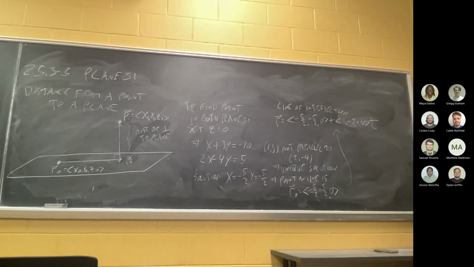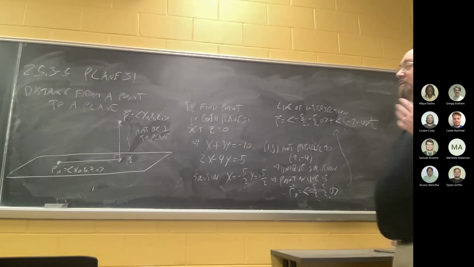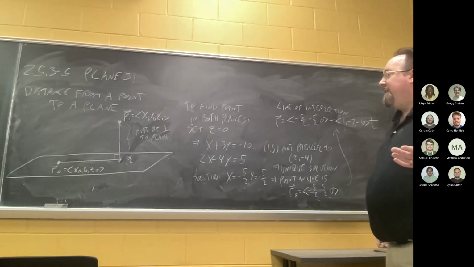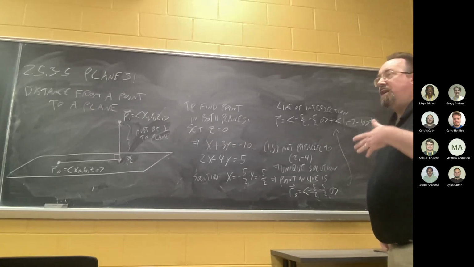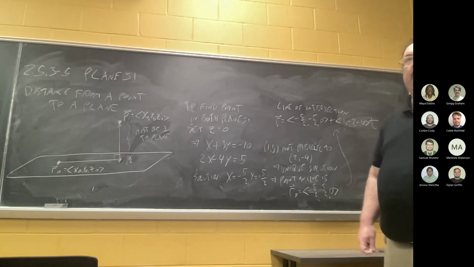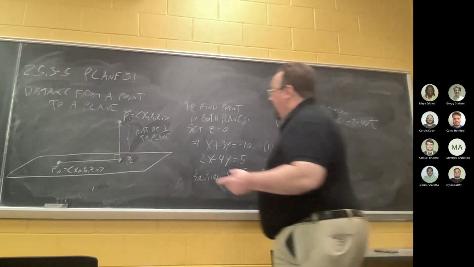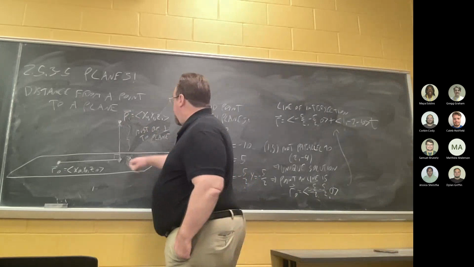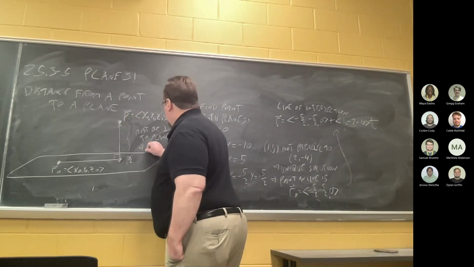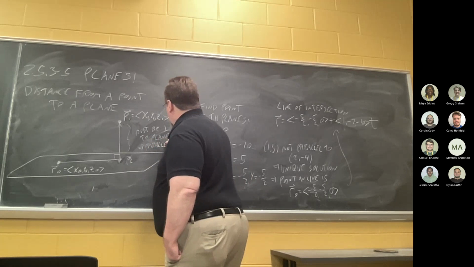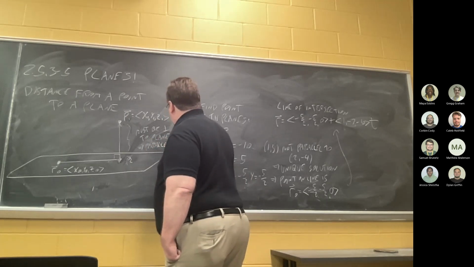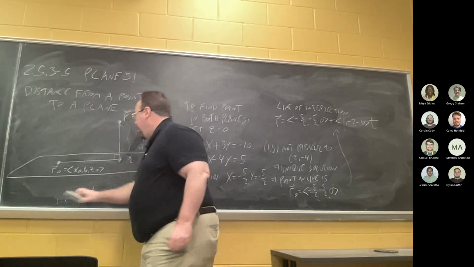But remember, the plane can be described in terms of a normal vector n that is already known to be orthogonal to every vector in the plane. What that means is this vector here must be parallel to the normal vector n.